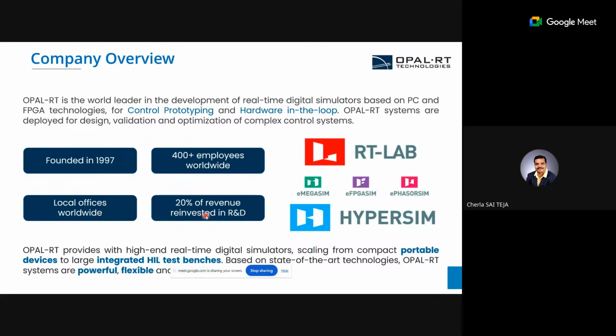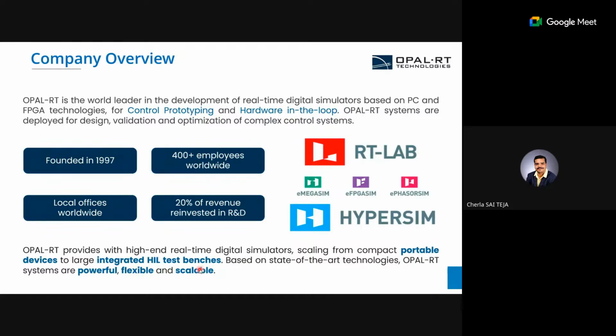One good part about OPAL-RT is that every year 20% of the revenue we achieve is reinvested in R&D, so that every year we come up with a new platform for both hardware and software to cater to the growing application complexity of systems and new industries. We provide high-end real-time digital simulators, scaling from compact portable devices to large integrated test benches.